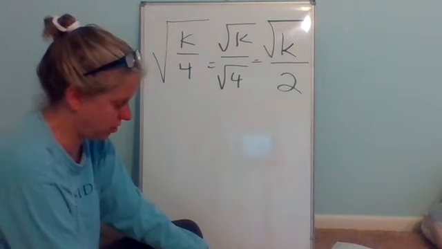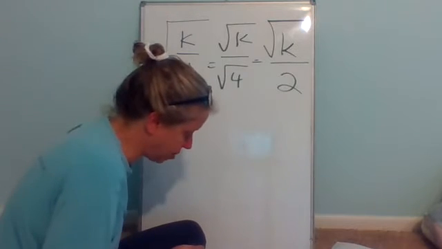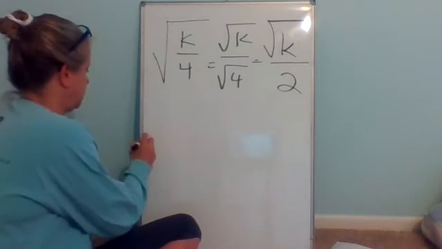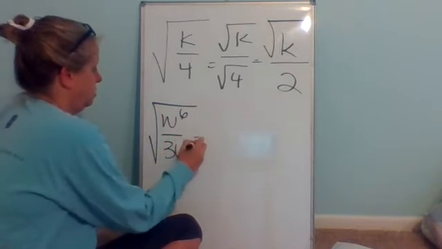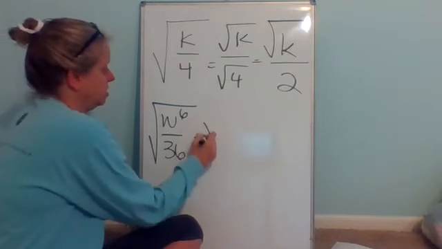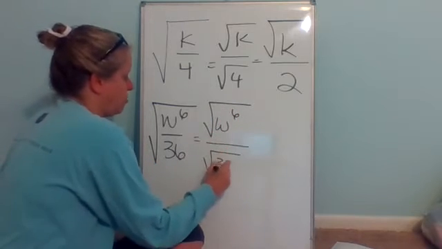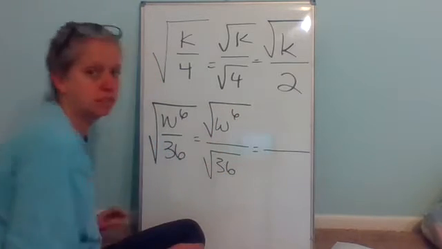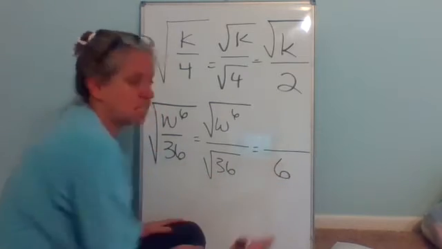Okay, let's look at number 4. The square root of w to the 6th over 36. So let's separate it again. Square root of w to the 6 over the square root of 36. Right? The square root of 36 is just 6, right?